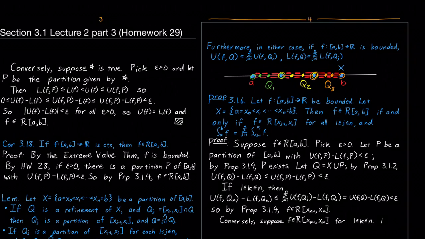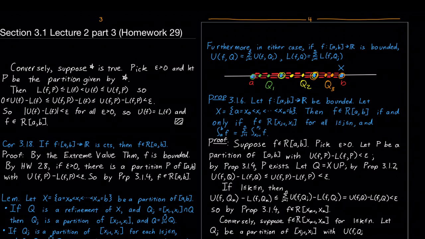And then we grab a partition Qj of each of the little intervals with the upper sum minus the lower sum less than, this time, epsilon over n. We can do that. Epsilon over n is a positive number.